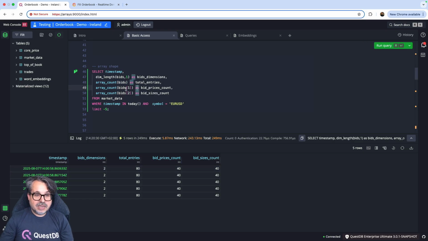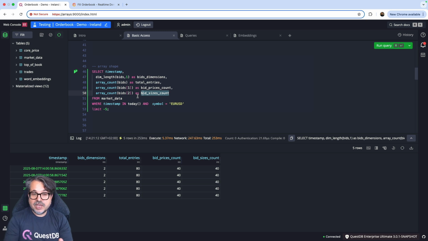But I can also ask how many entries I have on the first dimension, which is the prices, and how many on the second dimension, which is the sizes. In this case, I can see I have 2 dimensions on the array. I have 80 entries, of which 40 are in the first position and 40 are in the second position. So 40 prices, 40 sizes, it all checks out.